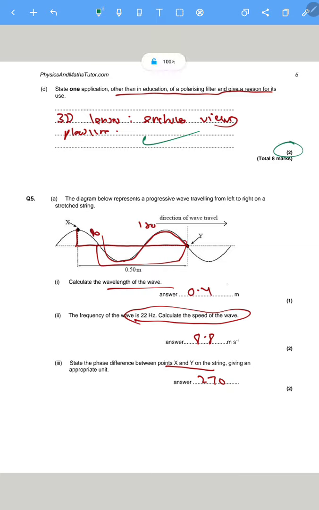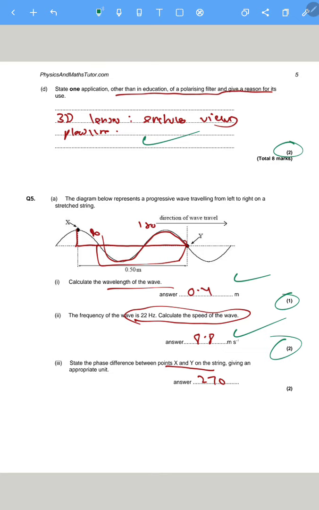Okay, 0.4, yep. 0.88, yep. And 270, I hope. There's 90 or 450 degrees. Phase difference between point X and Y. The phase difference.